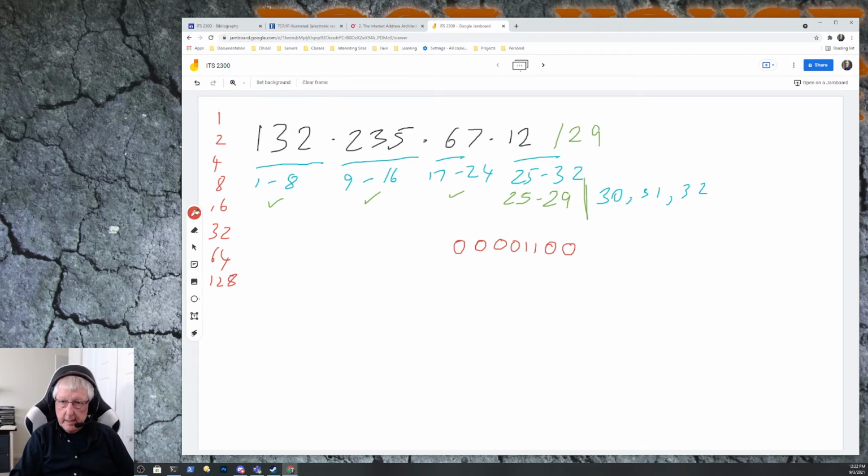Now what we just said was that we don't care about bits 25 through 29, so 25, 26, 27, 28, 29. All of these are part of the subnet ID. So the subnet ID itself would then have the bits 0, 0, 0, 0, 1, 0, 0, 0.